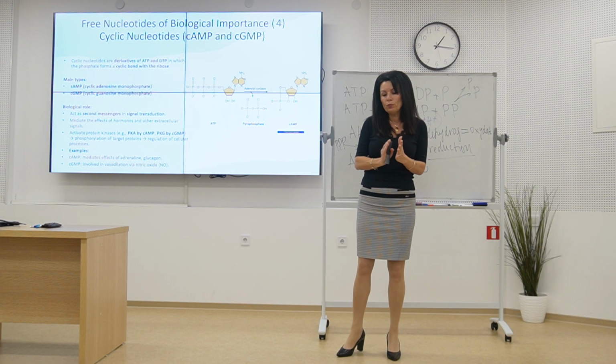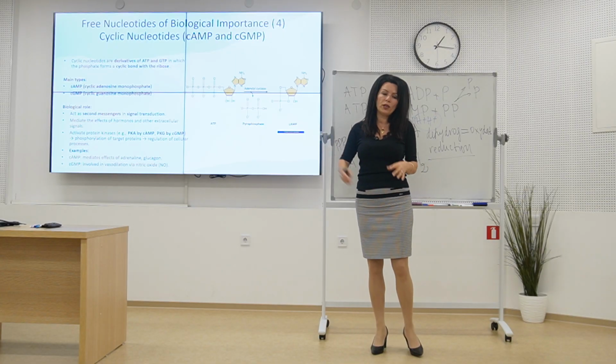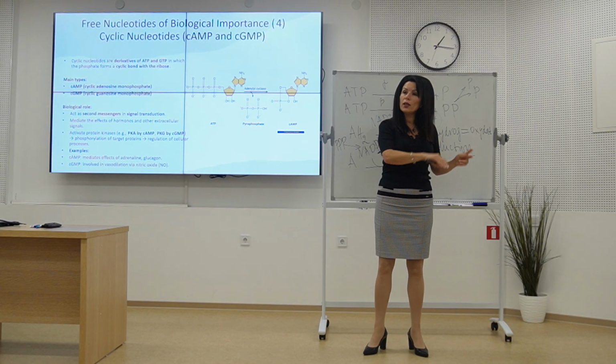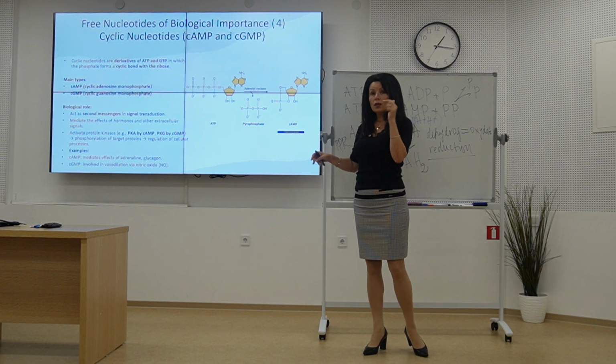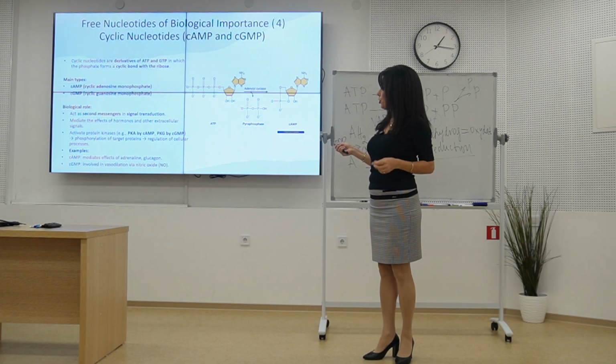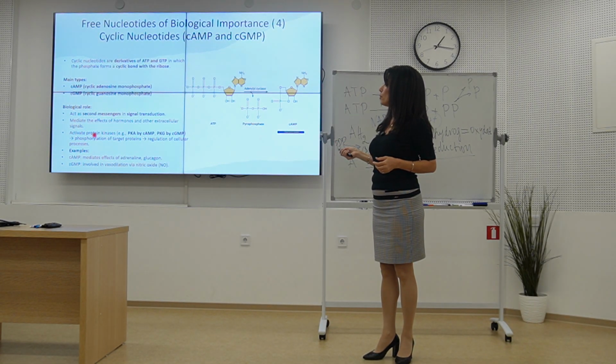After this transmission of information, from the hormone to the receptor, and after that to the second messenger, there is transfer of information to the corresponding protein kinases.